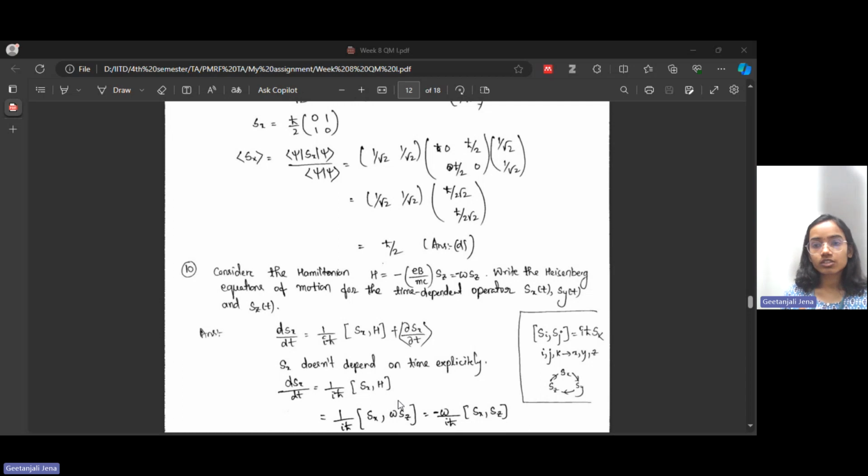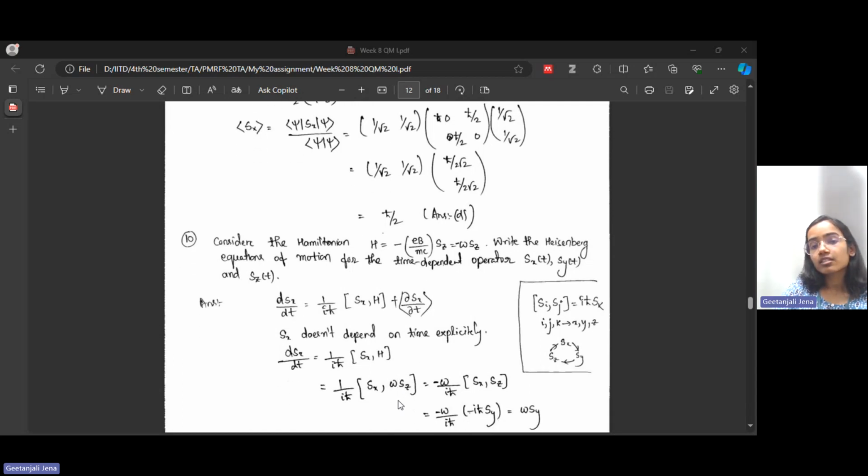So the commutation of Sx with Sy will be iħ Sz, Sy with Sz will be iħ Sx, and Sz with Sx will be iħ Sy. So use the commutation relations, and then you will find that the Heisenberg equation for Sx will be omega Sy.